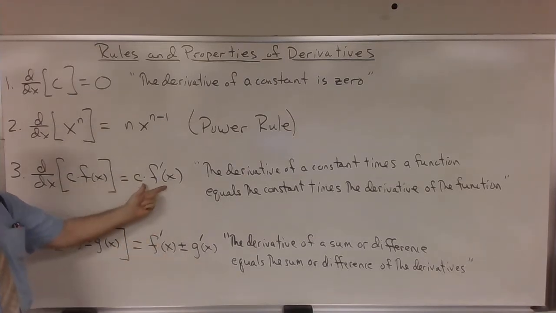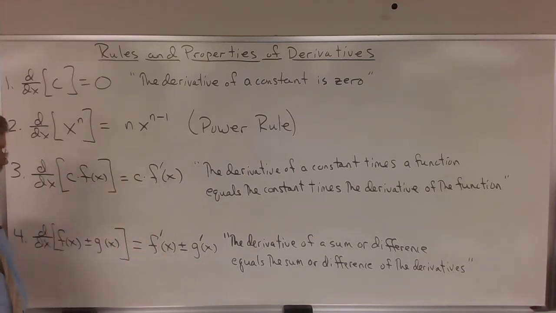And when we're done, we just multiply the two together. Our fourth property, we have the derivative of the sum or difference of functions. And that turns out to be the sum or difference of the derivatives. So we could say that the derivative of a sum or difference is equal to the sum or difference of the derivatives.